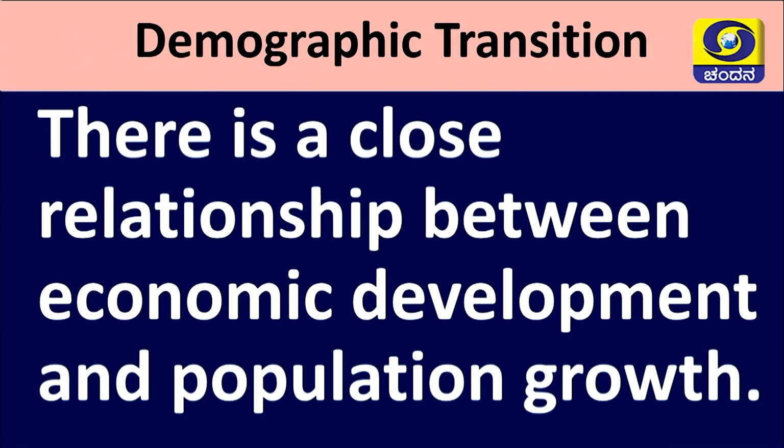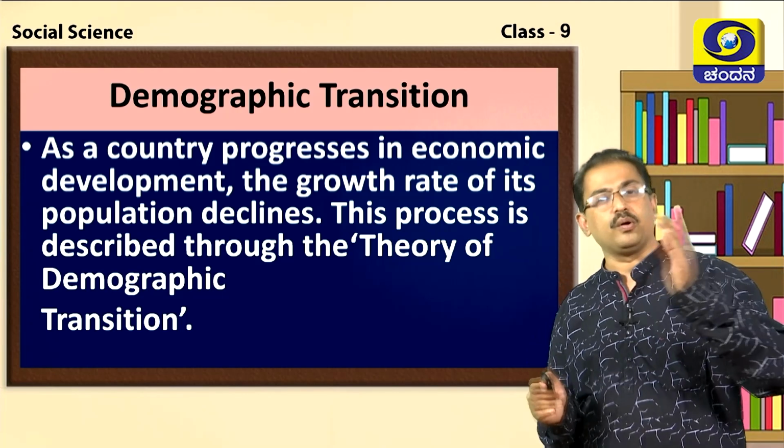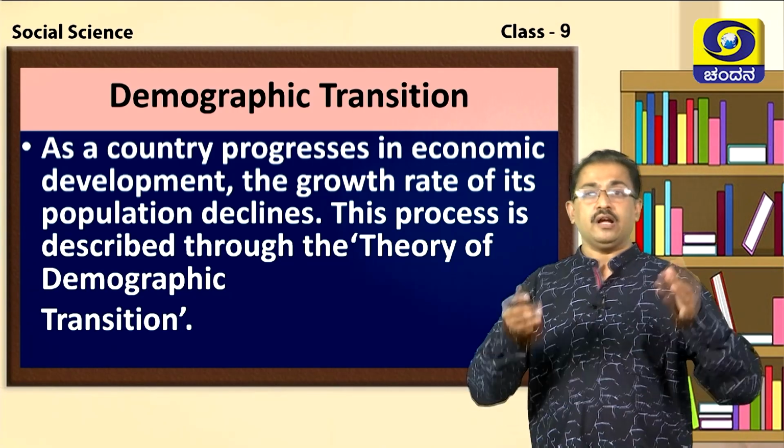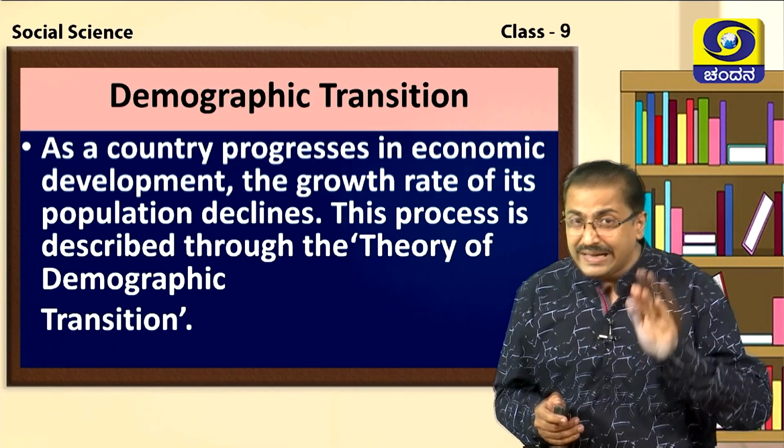So, let us see the demographic transition. There is a close relationship between economic development and population growth. If you want to develop the nation, then population must be qualitative. That means population must be resourceful. As a country progresses in economic development, the growth rate of its population declines.